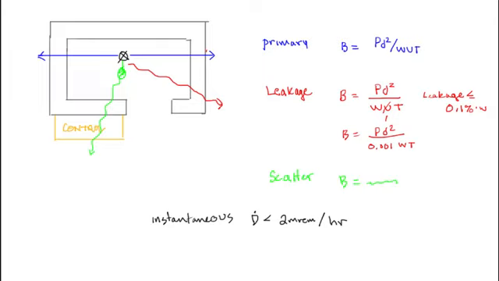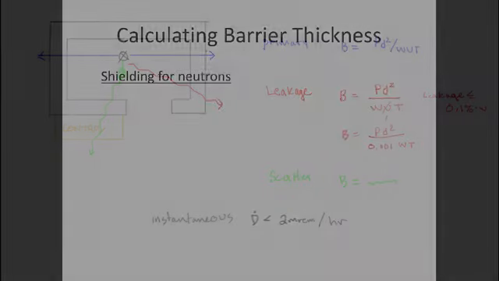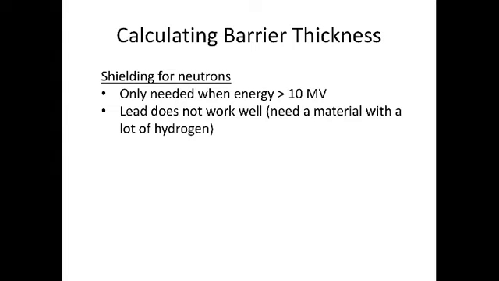So now I'd like to make some observations that are particular to shielding for neutrons. As you know, beams over an energy of 10 MV will make neutrons, and the considerations for shielding those are slightly different. So when thinking about shielding for neutrons, you really only need to consider those energies. Lead does not work well.